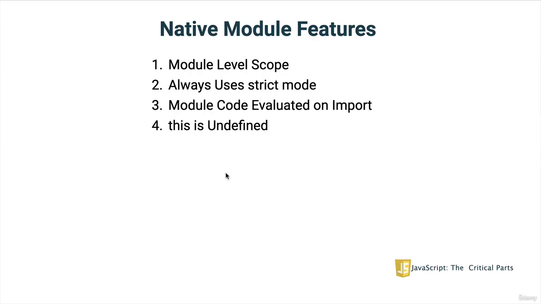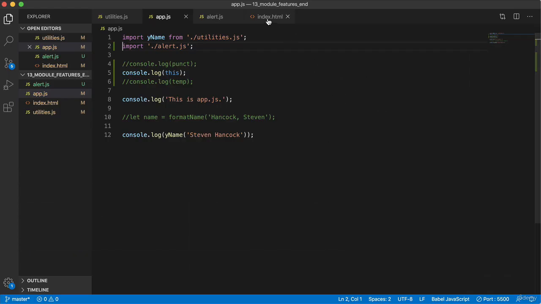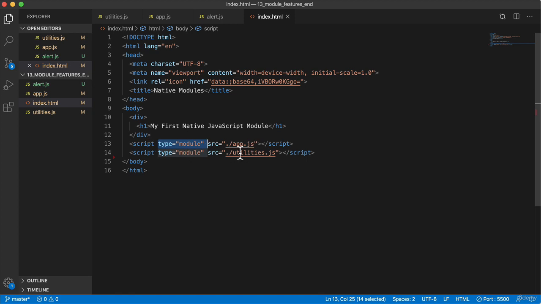All right, final concept we want to deal with. Module scripts are loaded with defer. Now, what does that mean? Well, when you set up script tags inside of an HTML file, you can use a defer attribute.